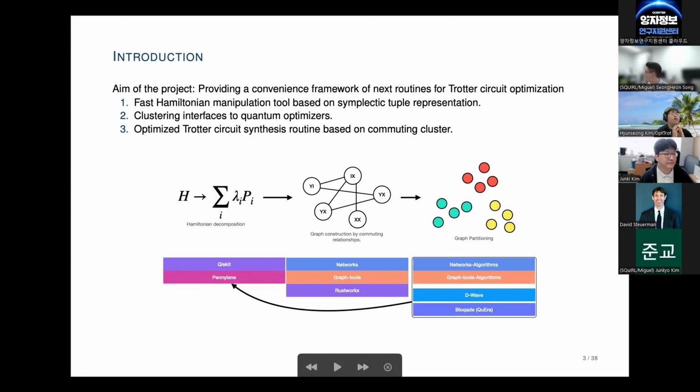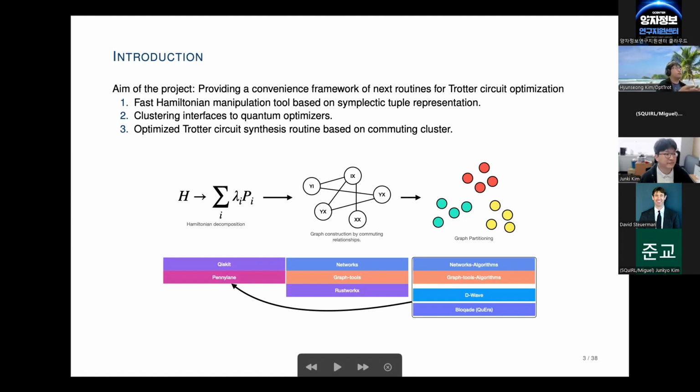When you want to optimize the Trotter circuit for time evolution on a gate model computer, there are various methods, but for the time evolution circuit we require a decomposition routine. From the decomposition, we have to cluster each Pauli element into commuting partitions, and based on the commuting partitions, we have to generate the optimized quantum circuit.